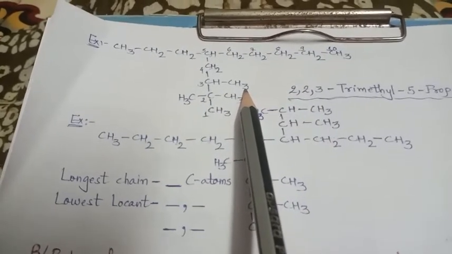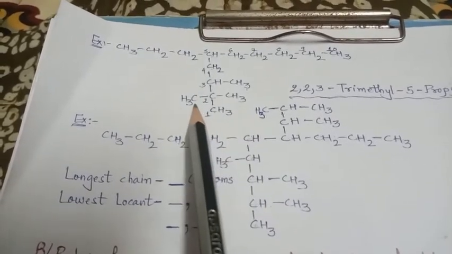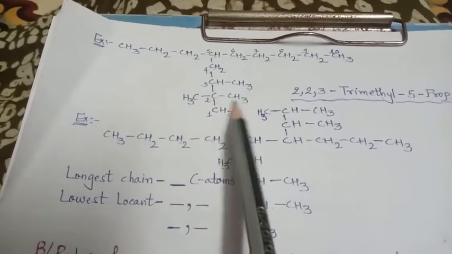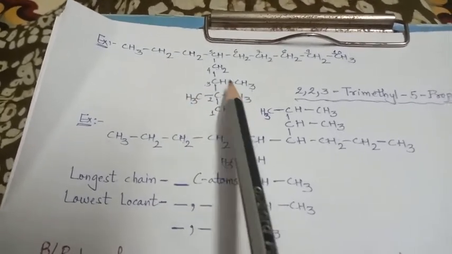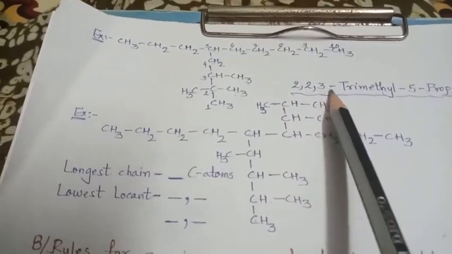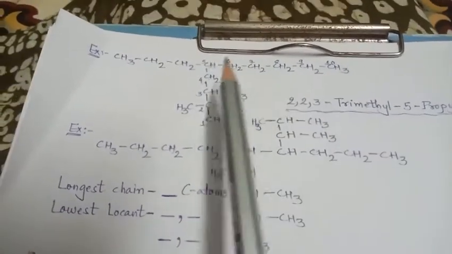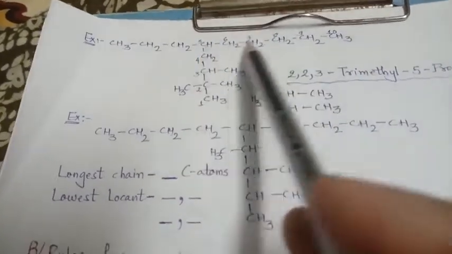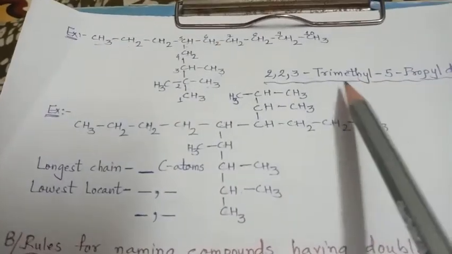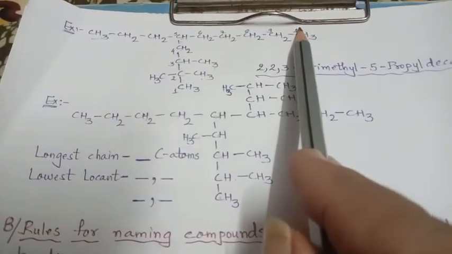Right? So what name will we have to give now? On the second carbon both methyls are there. So 2, 2, 3 hyphen, all 3 methyl, trimethyl, and on the fifth, now what is happening here? 1, 2, 3 propyl. 5 propyl and longest chain 10.